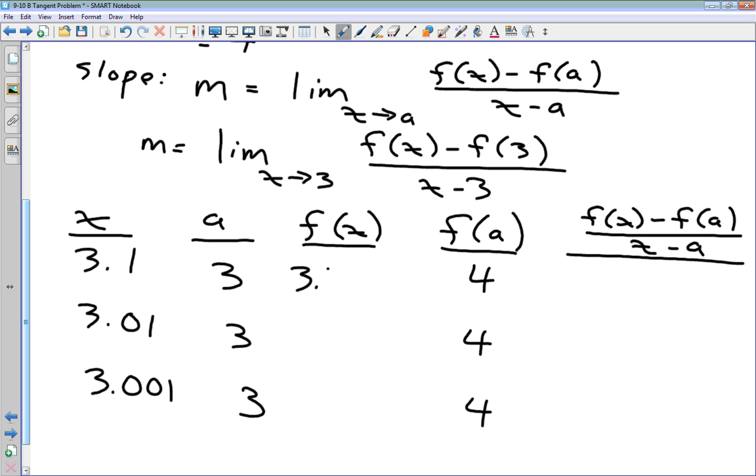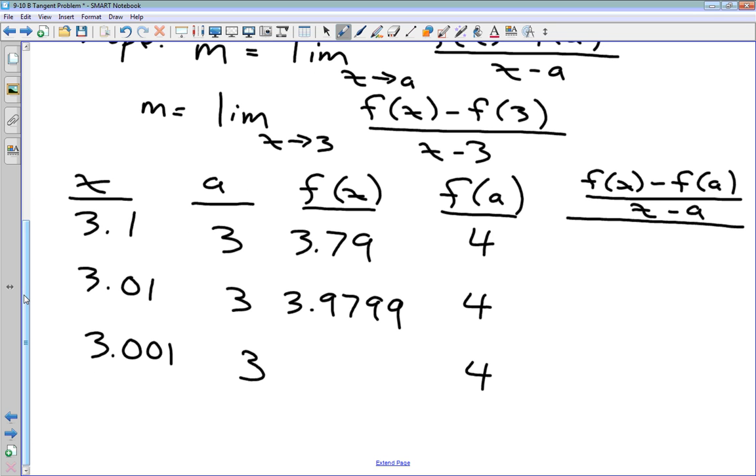So we'll get something like 3.79, 3.9799, and 3.99799. So you might want to keep 5, maybe 6 decimal places when you're doing some of these calculations.